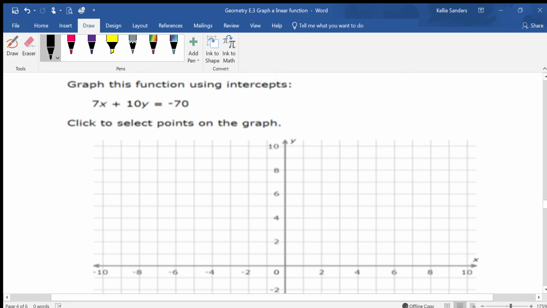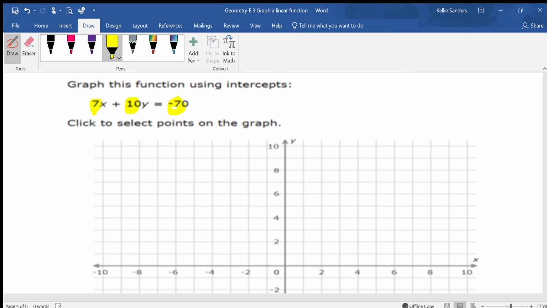These are actually really, really fun if you get enough experience with them, if you try them a little bit more than just once and done. So what we're going to do here, see the 7, the 10, and the negative 70. Well, those are some really big numbers. But look at 7 and 10.